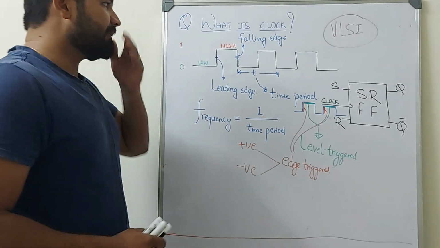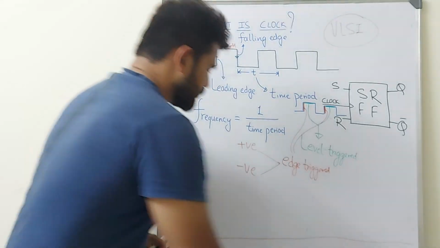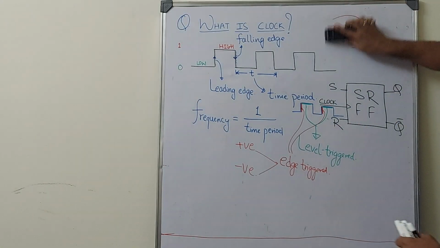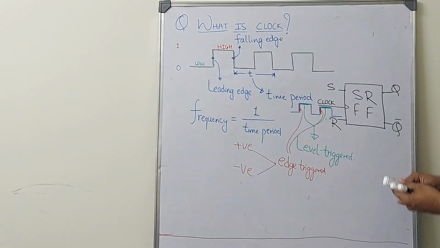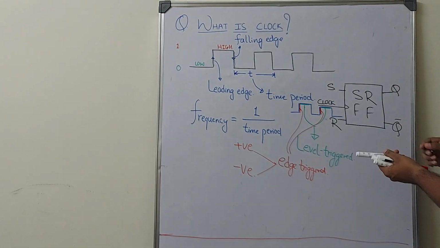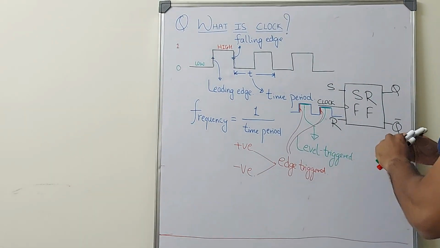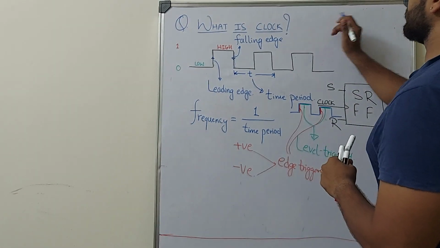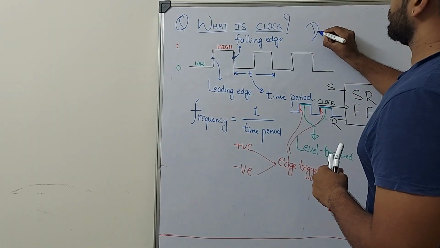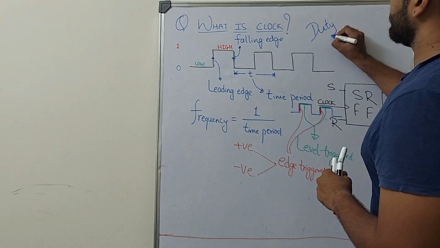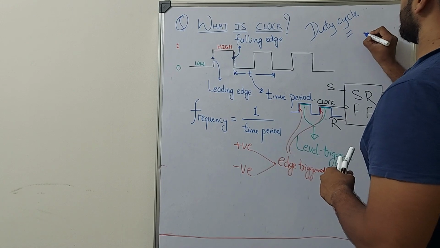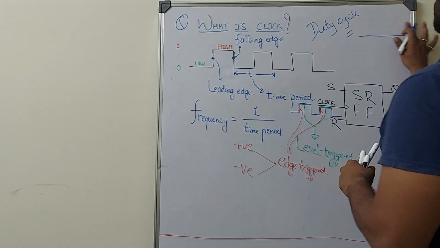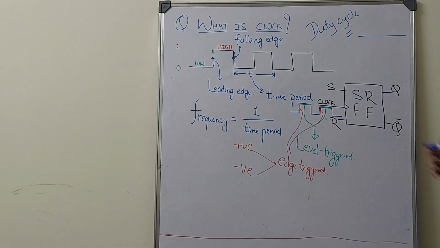Then one more term is there, that is duty cycle. So I will use this place over here. What is duty cycle? So you can write the formula of duty cycle as the time for which the signal is high upon the total time.